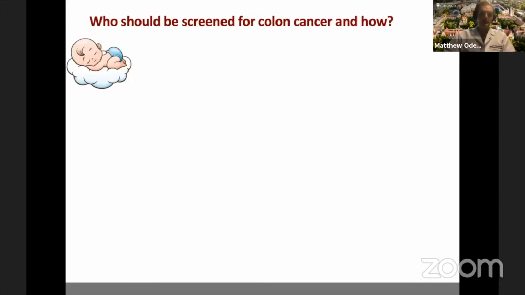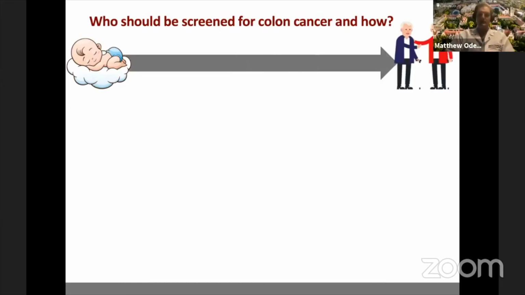So that leaves us to screen patients. The big question is who should be screened for colon cancer and how should they be screened? We'll spend a lot of time here talking about each of these. As I mentioned earlier, the number one risk factor for colon cancer is just getting older. There are many different guidelines for who should be screened in the average risk population.